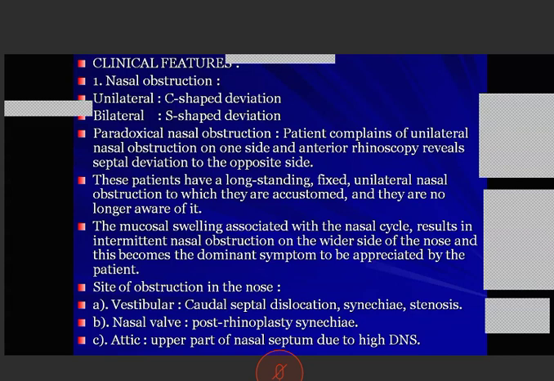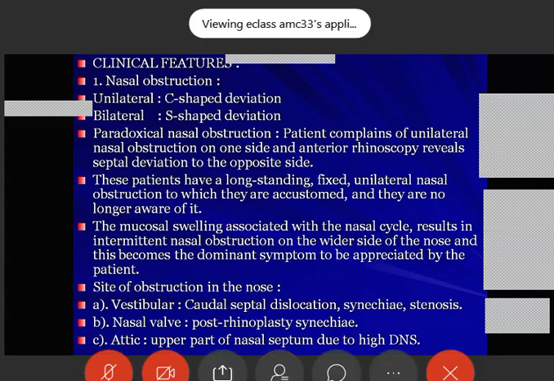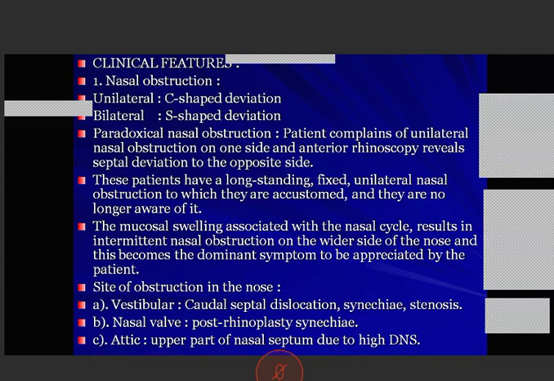Then site of obstruction. So either vestibular or caudal septal: in the vestibular region, the obstruction is due to a caudal septal dislocation, synechiae or stenosis of the anterior nares. Nasal valve area. So what is the nasal valve area?